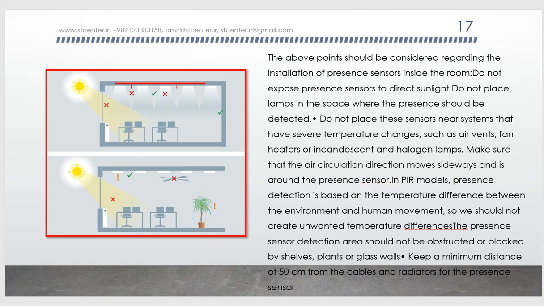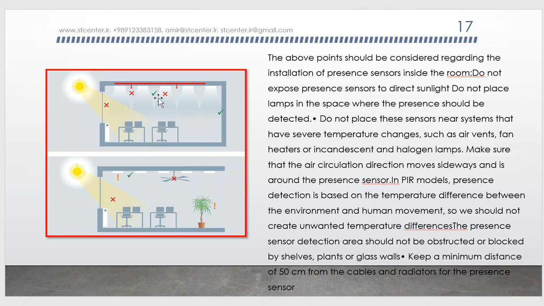If you use the presence sensors plus the light sensor, it is always important where you put it. First of all, it should not be put in a direct position to the sun, because most of them are PIR, sensitive to the amount of heat they detect, so they should not be in the direction of the light. Then they should not be installed next to HVAC systems, because very cool or very hot air can affect the detection.